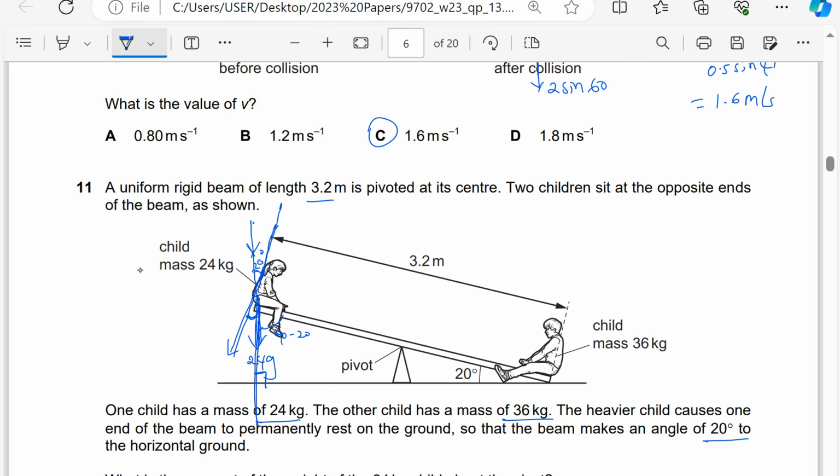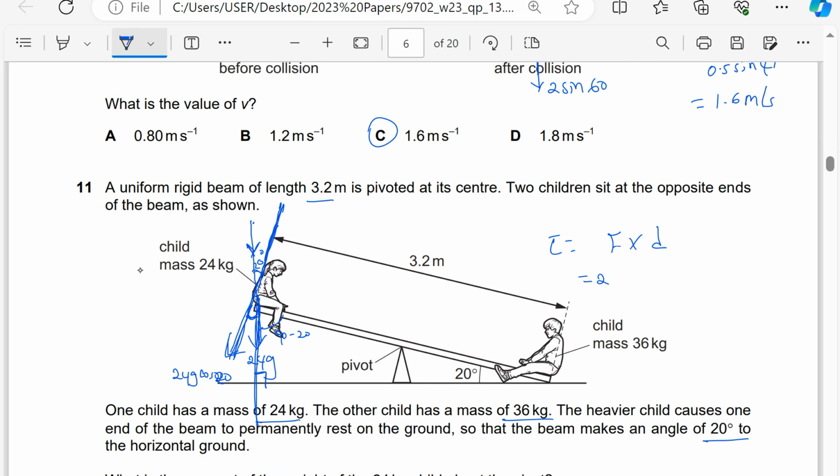So resolving the weight in this direction, so that I have the perpendicular distance at 3.2, is going to be 24 times G times cos of 20. It is the same as taking this along this line here. Okay, the moment is the product of the force times the perpendicular distance.